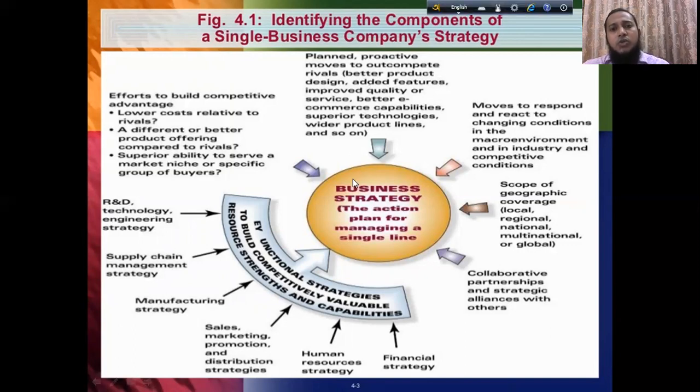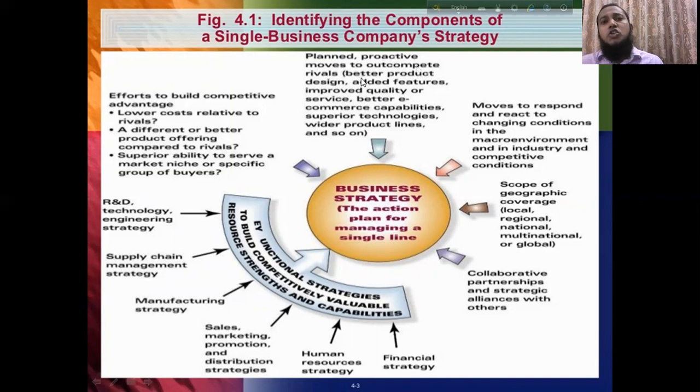Okay, in order to operate a single business company successfully, and in case of formulating a strategy for a single business company, the top management must think about planned proactive moves to outcompete rivals.